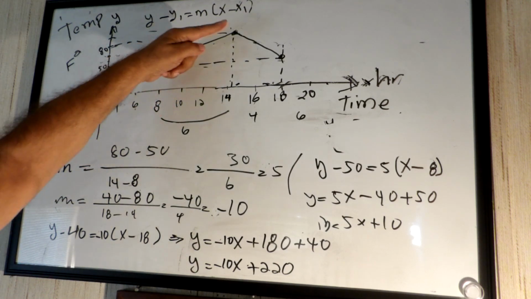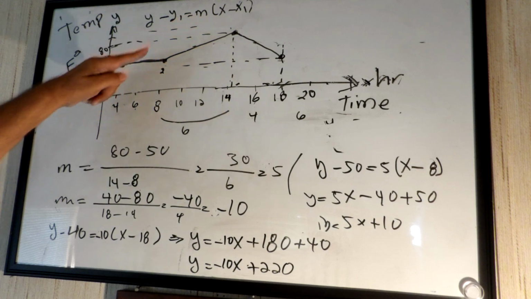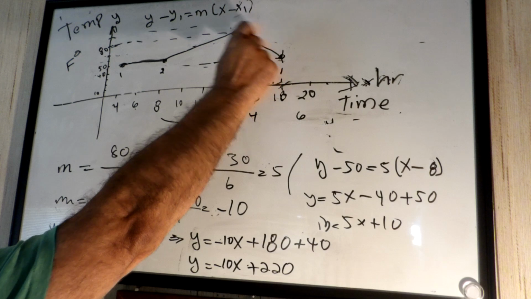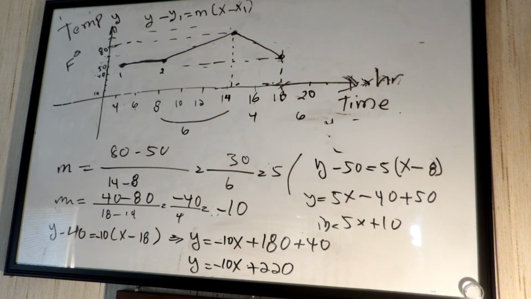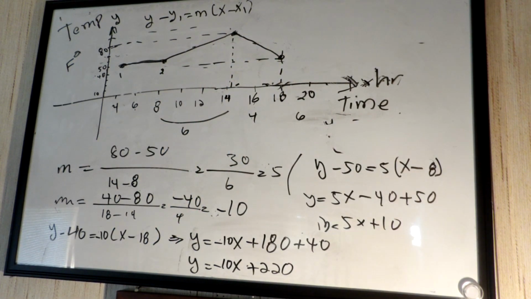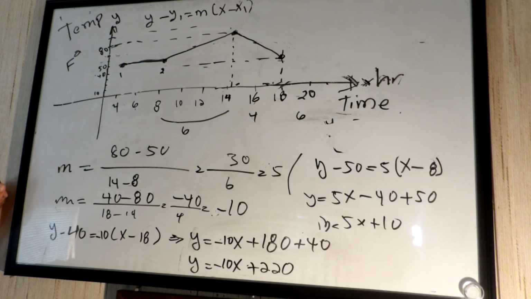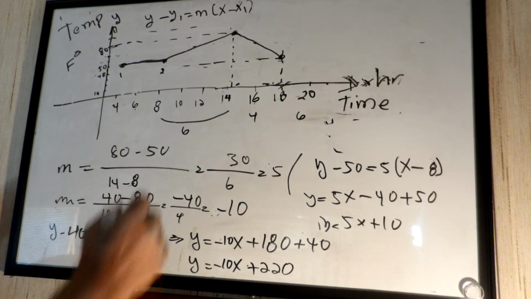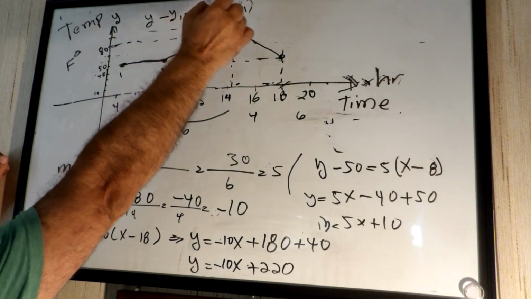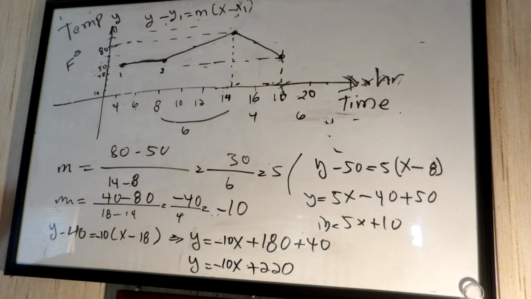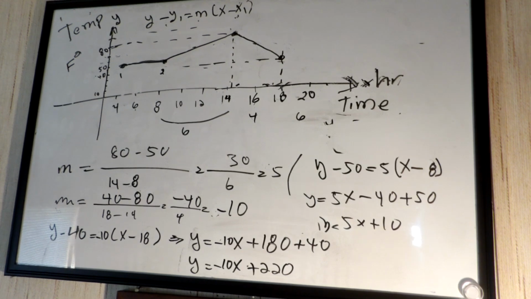Here the slope is positive because it's going upward, and this is going downward, which is negative. First we need 2 points, either 2 points or 1 point with the slope. If you have the slope and 1 point, the point has x and y, and you put it in the formula, you find the equation of that line.